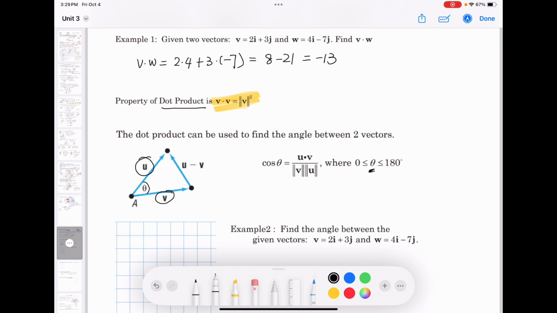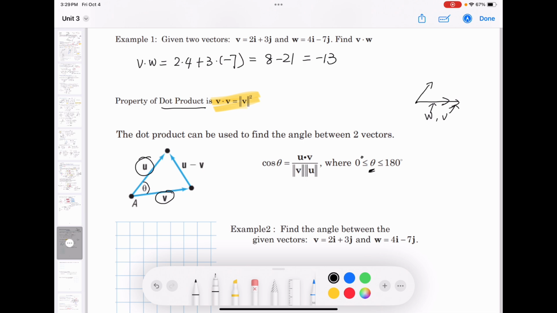So theta cannot be a negative number, and cannot be an angle greater than 180, because if I have two vectors, I have one case. First, these two vectors overlap each other, and the angle between them is 0. That's the smallest angle. So I should have a degree symbol here. This is v, and let's say this is w, the short one.